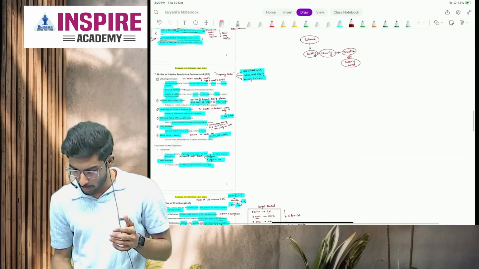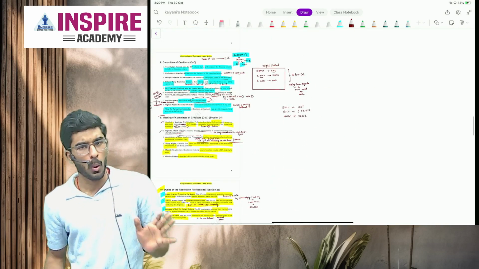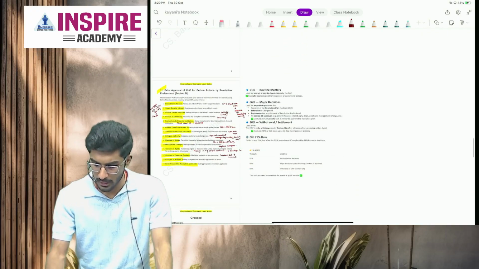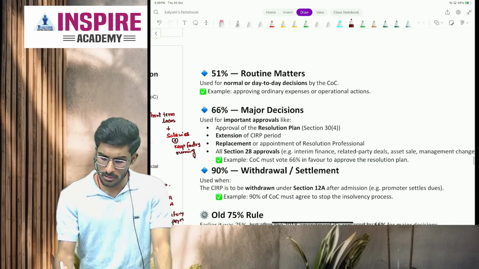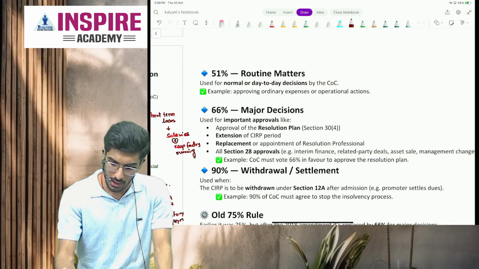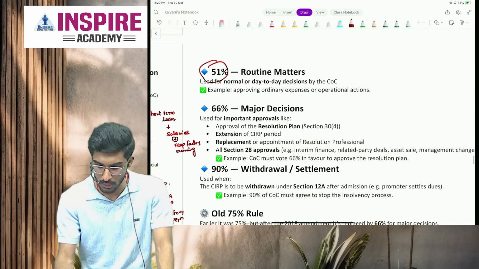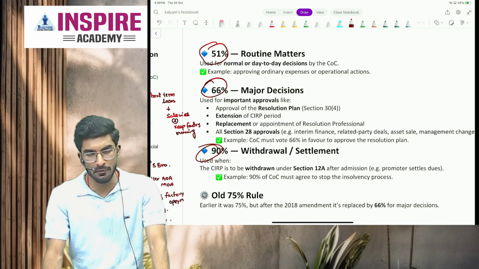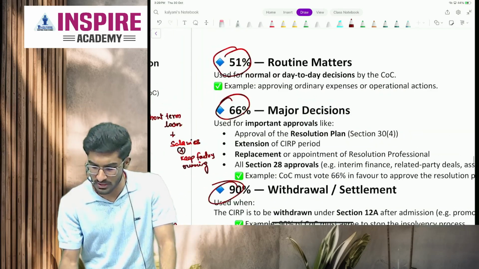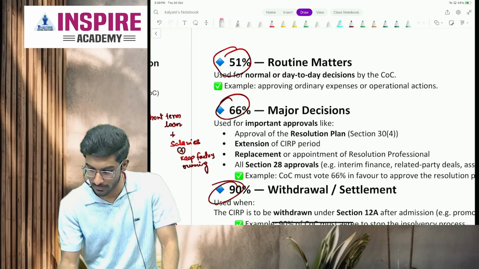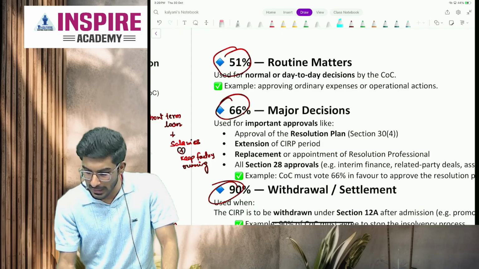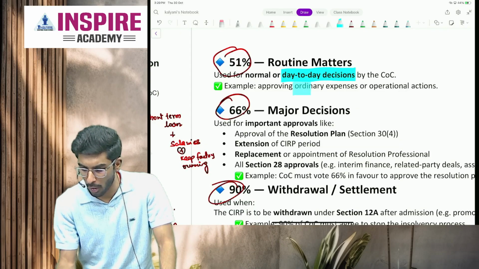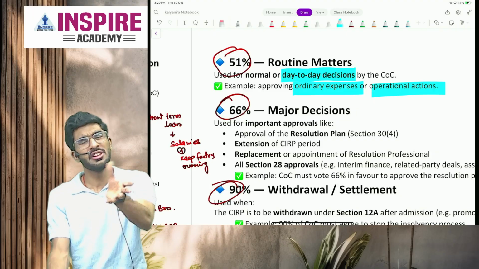Now, people, I'm going to tell you simply what decisions will require how much voting share. So, people, there are three types of voting: the 51% rule, the 66% rule, and the 90% rule. Obviously, the 51% rule is for routine matters, like day-to-day normal decisions by the COC, approving ordinary expenses or operational actions.